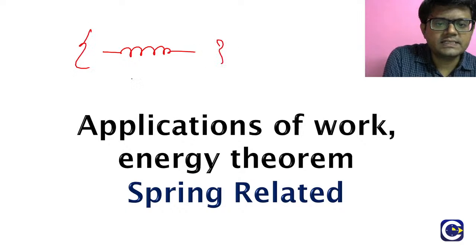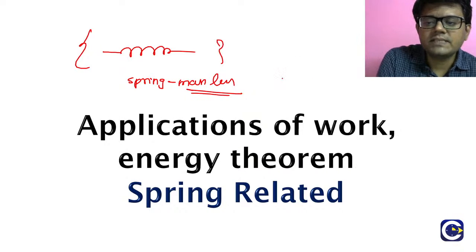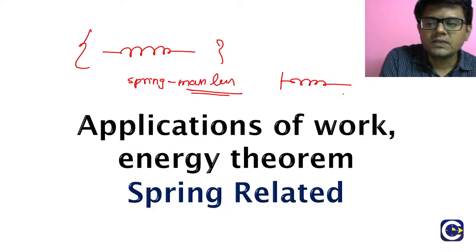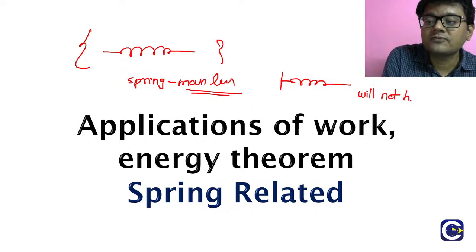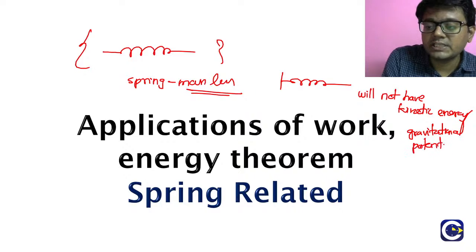in our discussion, the spring will always be massless. So even when we say the spring is moved, compressed, or expanded, the spring will not have kinetic energy or gravitational potential energy.